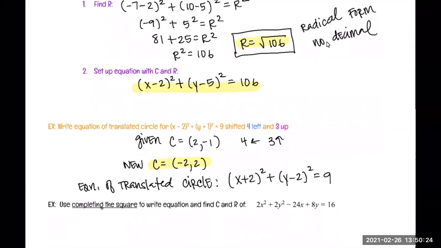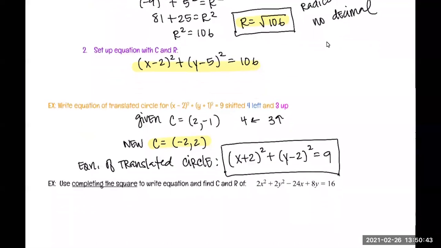So you see the radius still stays the same. It's only the center that has shifted. Again, it was 4 to the left, so we subtracted 4 from the 2 to get -2, and 3 up, so we added 3 to the -1 to get the +2. So those two, the -2 and the +2, are now our new H and K.